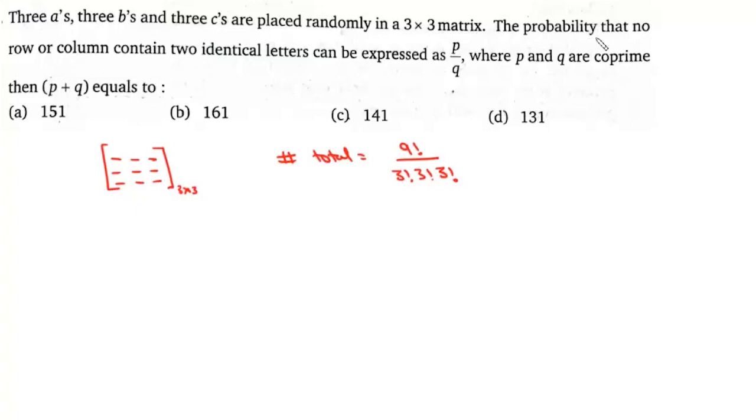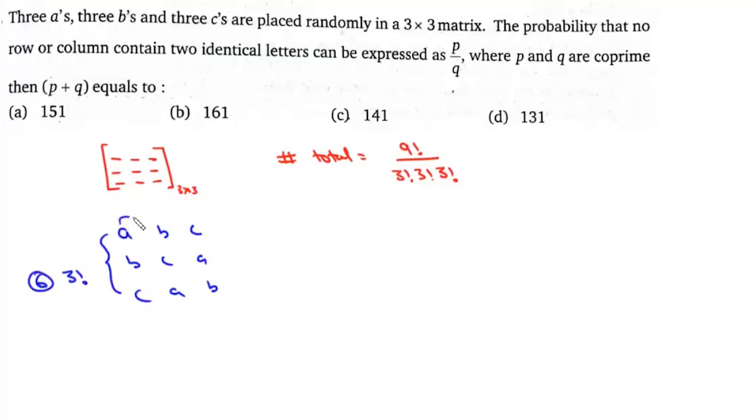Now there will be no row or column containing 2 identical letters if it is of the form ABC, BCA and CAB. Now we can arrange these 3 rows in factorial 3 different ways. So there will be 6 ways in which we get different matrices.